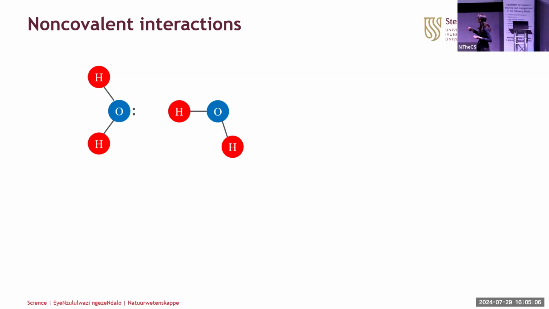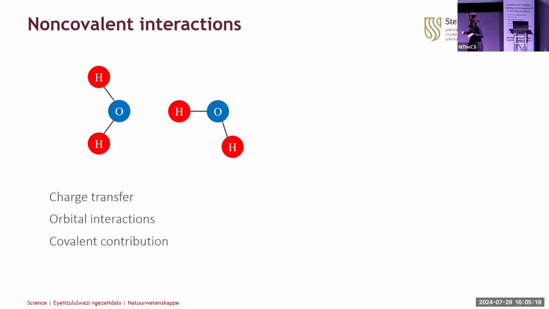That lone pair of electrons can interact in such a way that electrons are donated from one water molecule to another. This is known as charge transfer. It's also called orbital interactions because it's very much like a covalent kind of bond, which involves electrons sitting in orbitals. We also call it a covalent contribution because it looks a bit like a real bond inside a molecule.